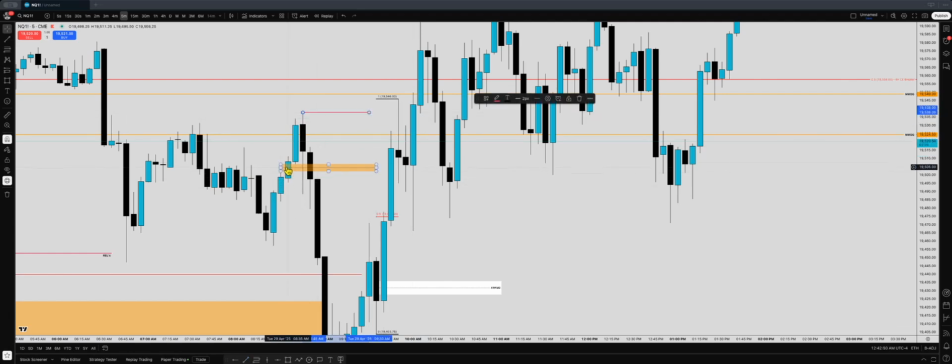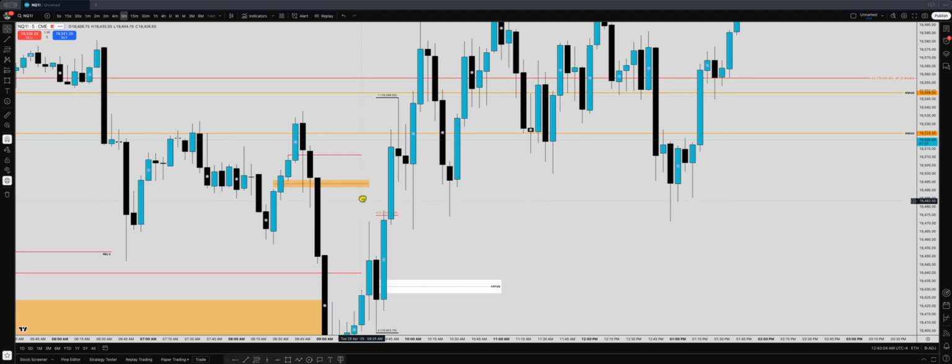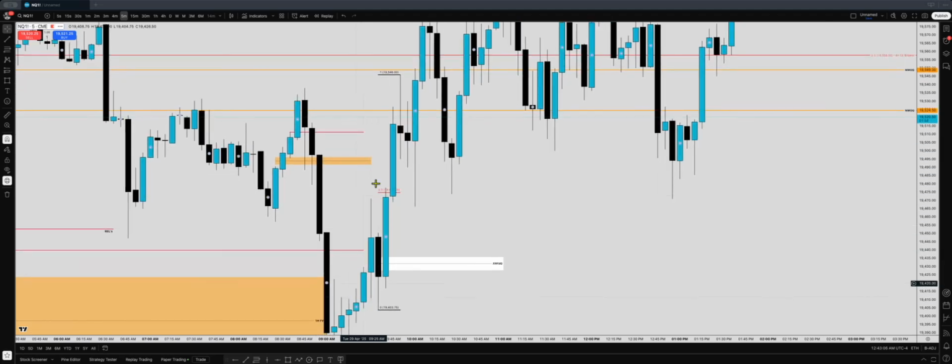And if you entered on this smaller one, then your stop loss should be right there. That makes sense? And obviously, as you can see, it blew right through it.